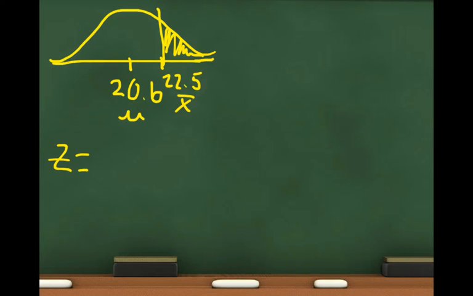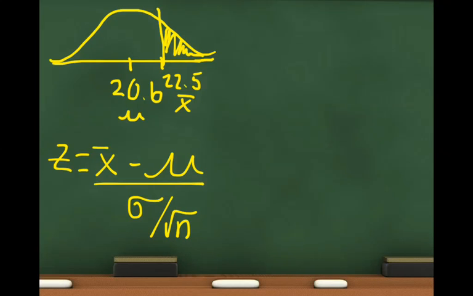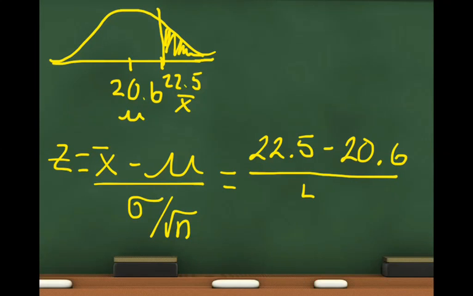And so we have z equals our sample mean minus the population mean divided by the standard deviation for x bar. And so when we set this up, we're going to have our sample mean, the 22.5, minus the mean for the ACT, 20.6, divided by 4.8, and that's divided by the square root of our sample size, 36.